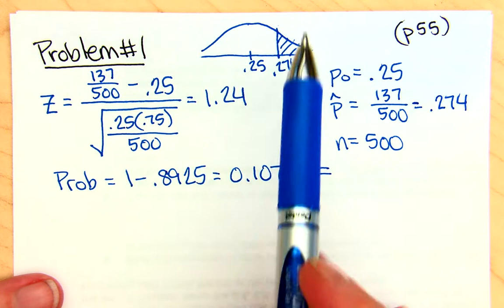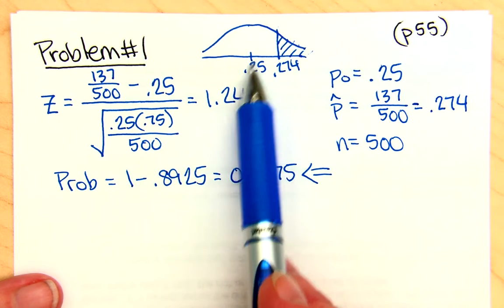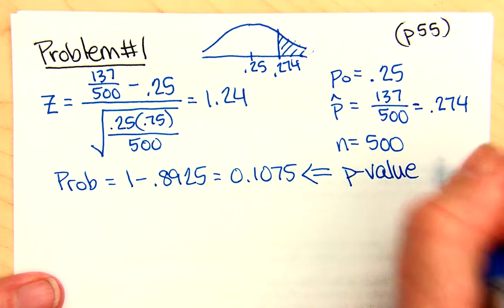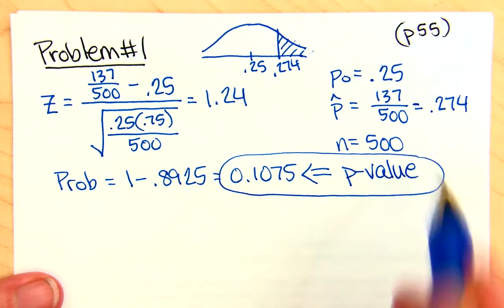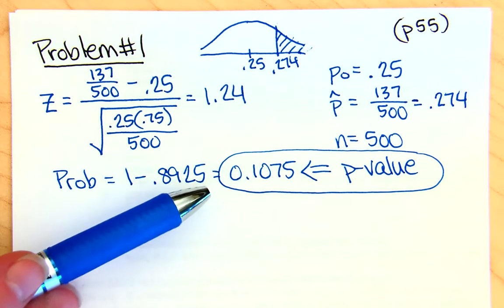This value is the probability of getting this amount or more if H0 is true. This is my p-value. So on these, yesterday it was just saying to use this p-value. This is how they come up with it.